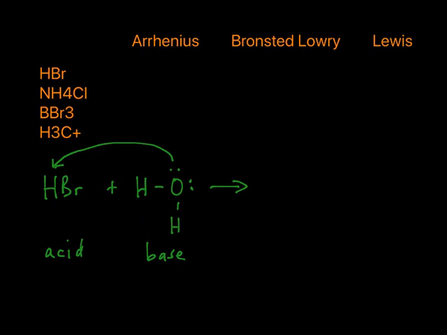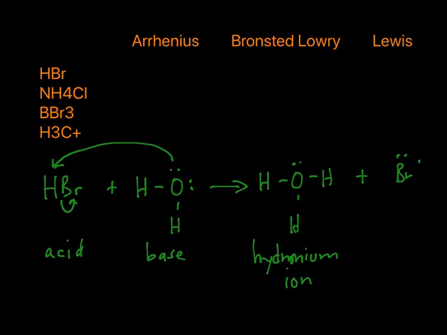The 2 electrons that are binding hydrogen and bromide together will stay with the bromide. And so what you'll have as the products are your hydronium ion and then you'll have the bromide anion.